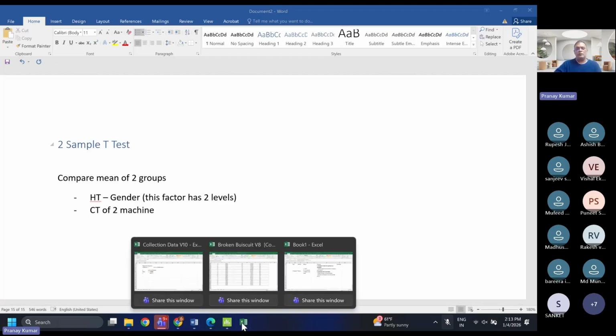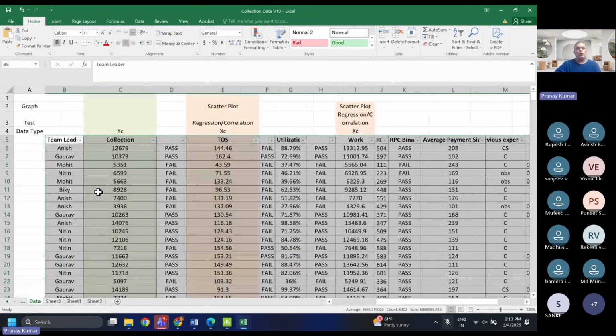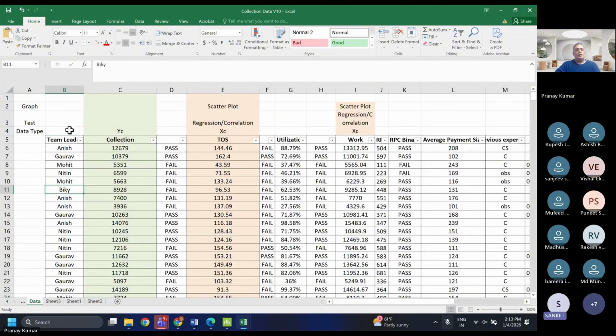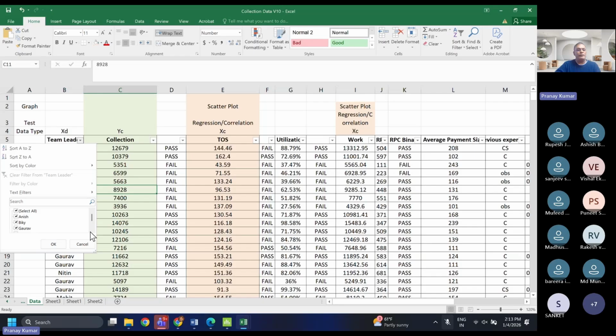Let's go back to our data sheet. All of you can see my screen, correct, everyone? Yes, sir. Team leader is discrete data, correct? Because it is category, it is in category. I will check how many team leaders do I have.